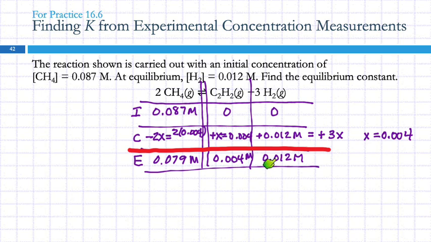So whichever one they're giving you the equilibrium information about, you can figure out that base change of x from that, because this change will be whatever this coefficient is times x. So we can figure out what x is. This change is going to be this coefficient times x, and this coefficient times x. Reactants go down, products go up.